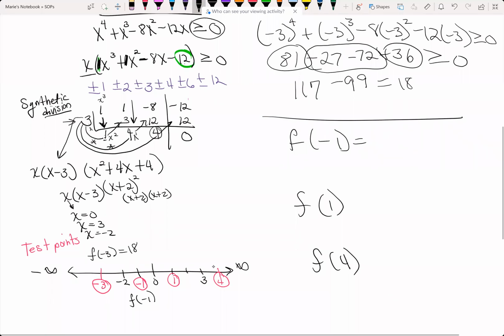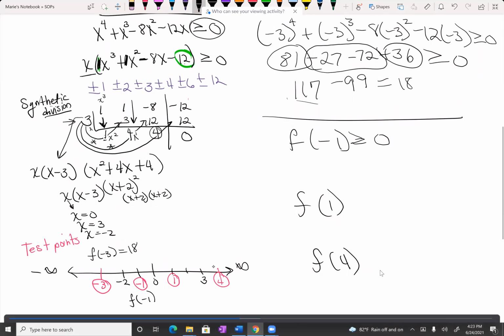So let's see. All right, so f of negative 1 is also a value that will be greater than 0. I'm going to end up with 4. So again, just doing the math in my head. So this will give you 4. So we're good.